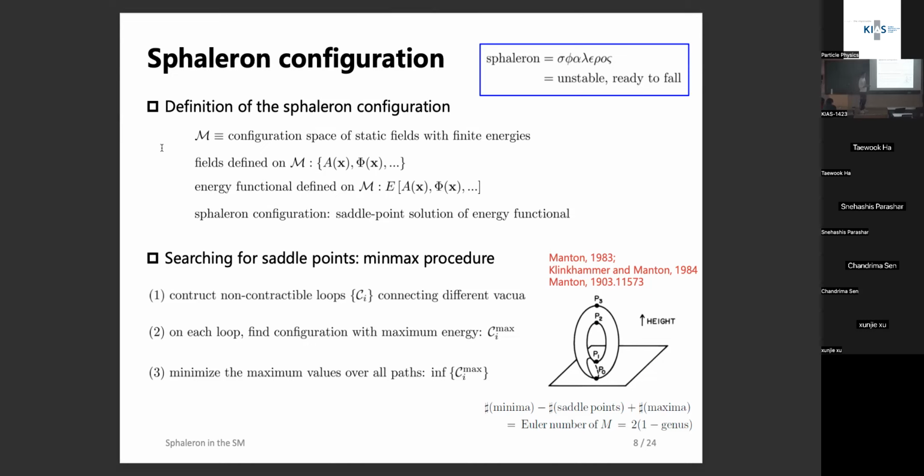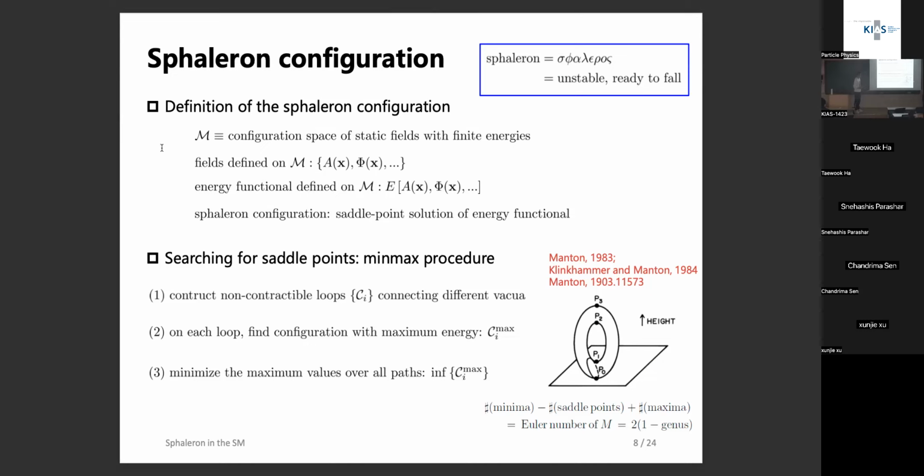So here is a very simple but non-trivial example. Consider a two-dimensional torus, which is put on the reference plane, and the height from the plane is a function defined on this torus, right?